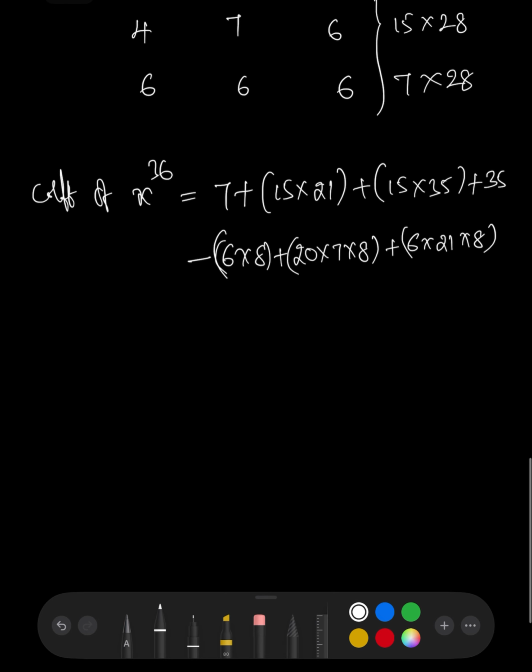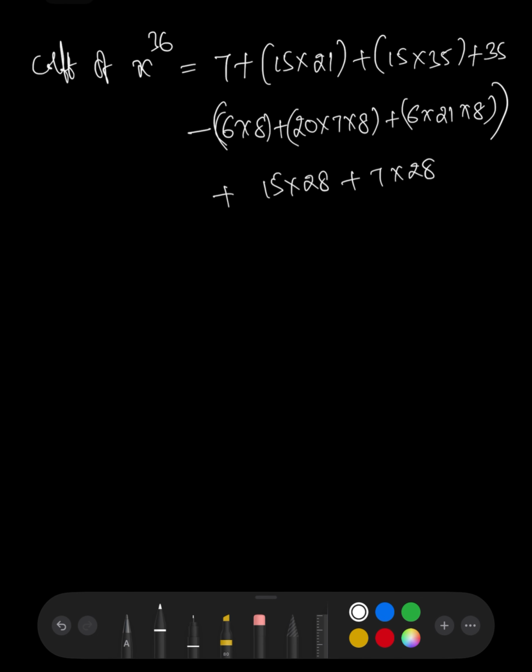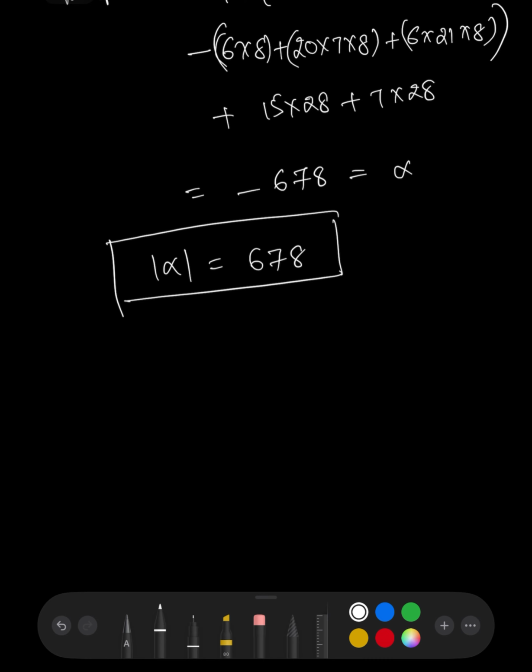In the third case we add because r3 is even: 15 into 28 plus 7 into 28. After simplifying all these values, we get the answer minus 678. They gave this coefficient as alpha, we want modulus of alpha, that is 678. Thank you.